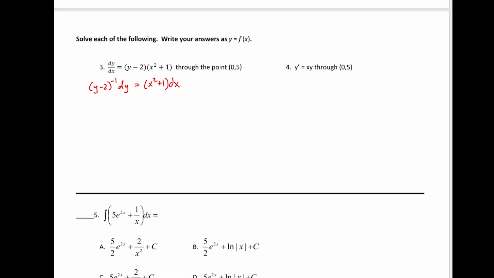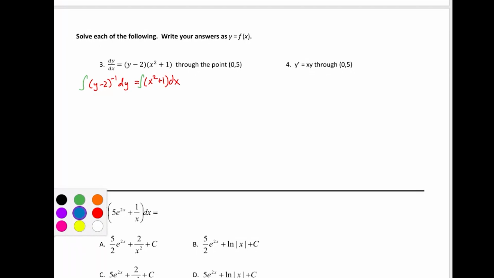Now, we will have to do a little u substitution on the left-hand side here when we integrate, but we won't have to worry about a u substitution on the right-hand side because we do not have a composite function over there. So for this one, maybe I'll just write it up here. If u is y minus 2, then du is 1 dy.